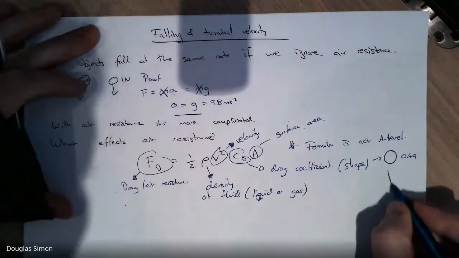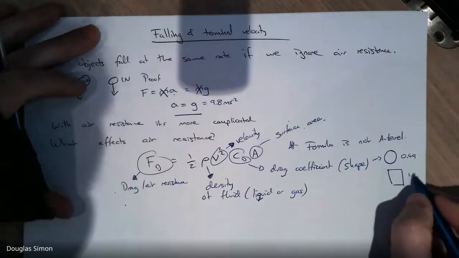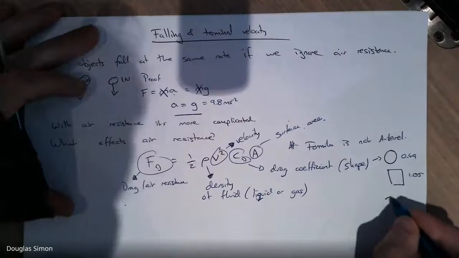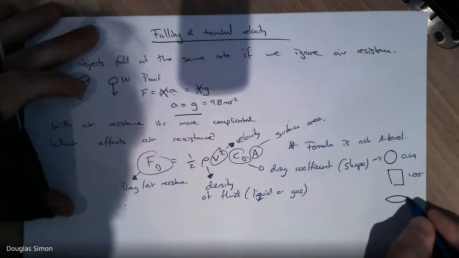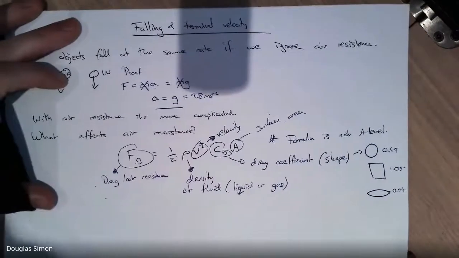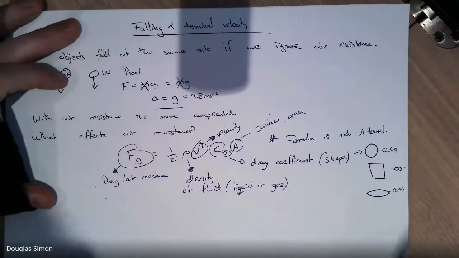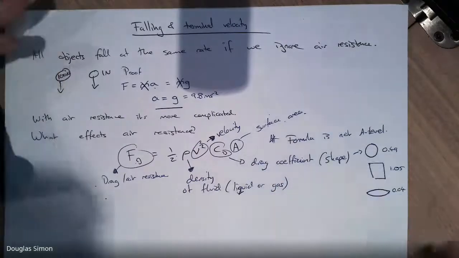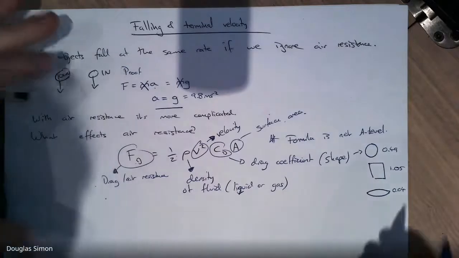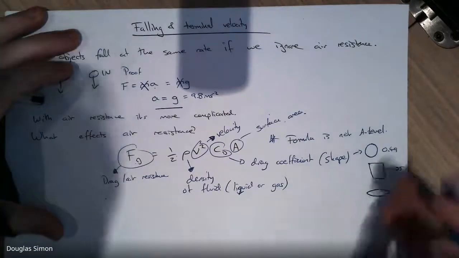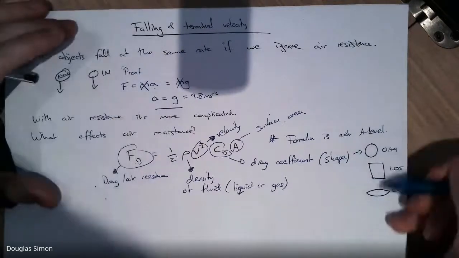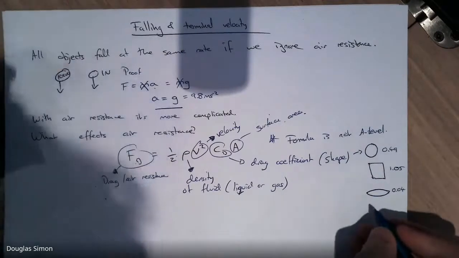Something like a cube will have an even higher drag. Something that is streamlined, like this, will have a really, really low drag. All right. Now, the actual numbers depend on a lot of things, right? If you have a long cylinder compared to a cube, it will lower it for loads of reasons, which we don't need to go into. But these are just the sorts of things that will impact it.